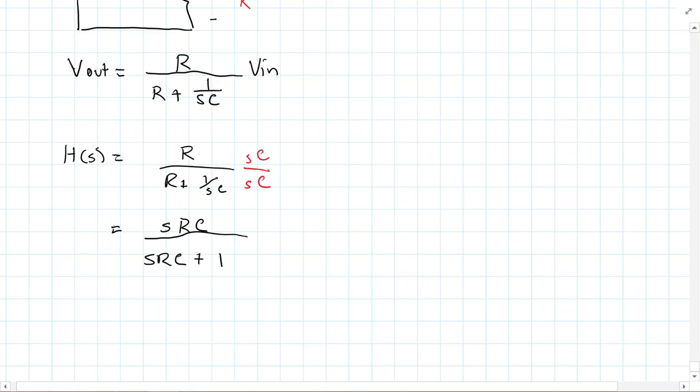But remember, for filters, we often like to write it with the S being 1 in front here. So I want a 1 in front of that S. So I'm going to multiply by 1 over RC divided by 1 over RC, and I'll get my final transfer function for this high-pass filter being S over S plus 1 over RC.